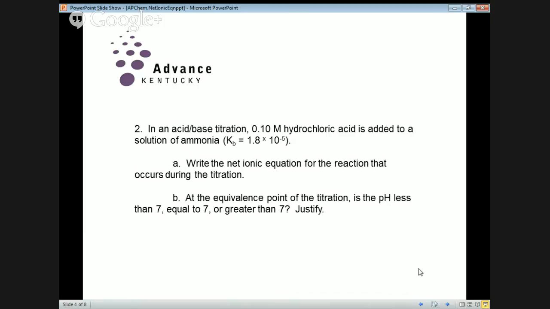And then you're asked two parts here: first, write the net ionic equation for the reaction that occurs during the titration. And then the second part would be to say at the equivalence point of the titration, is the pH less than 7, equal to 7, or greater than 7, and to justify your response.